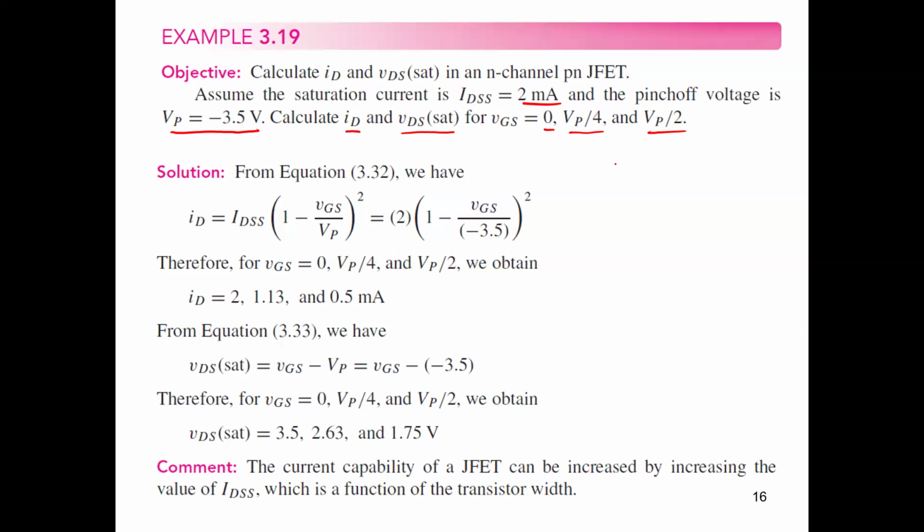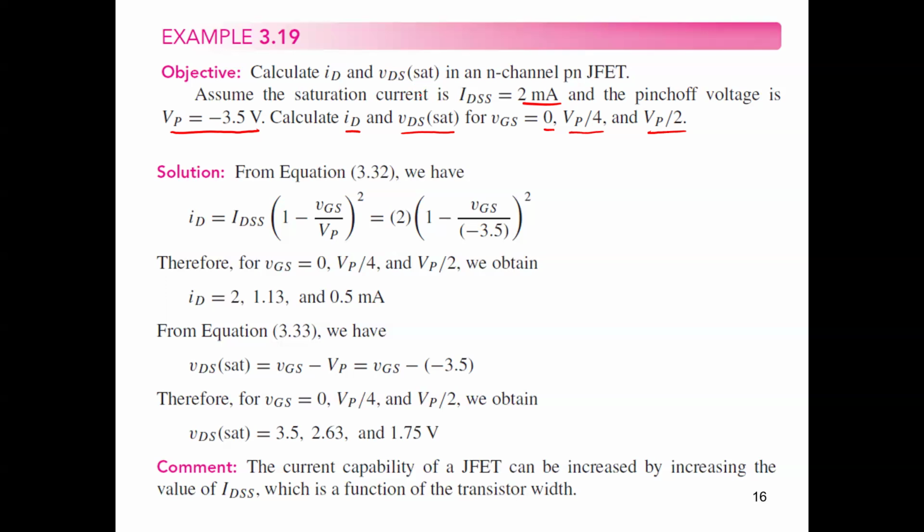Let's firstly start, since we need to calculate the drain to source saturation, so we need the transition point. So let's assume that the JFET works in the saturation region, because we don't have sufficient data to obtain the requirements from the linear region.